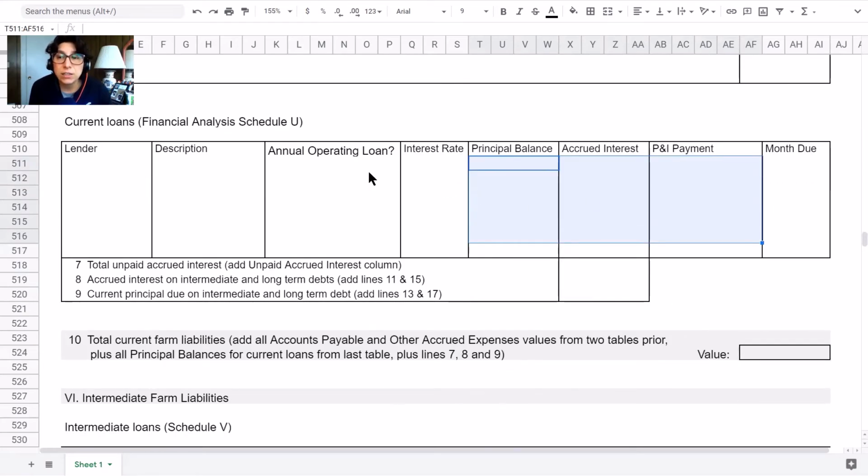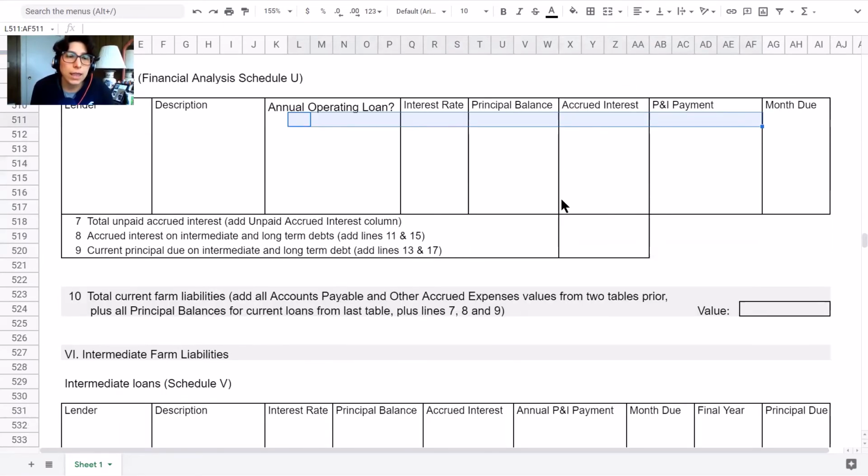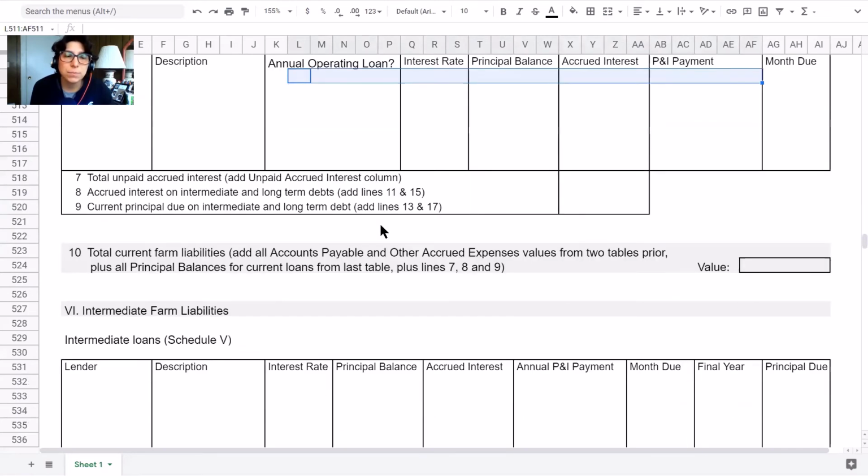If a CCC loan is entered in this table, make sure the product is listed on the asset side of the balance sheet as well, like we said before. Okay. Oh, and here there's a space just to add unpaid accrued interest. And these two, we're going to come back to them later.